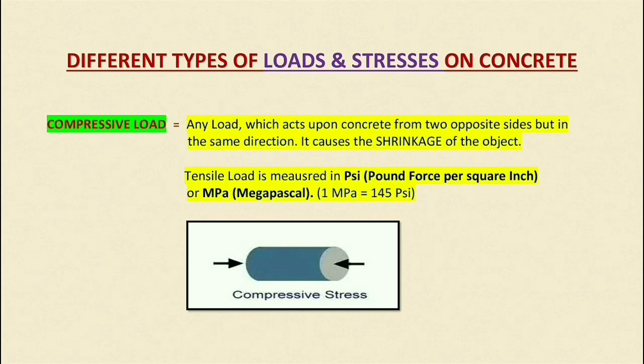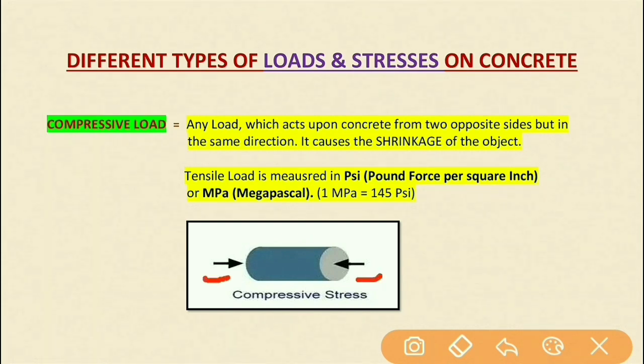What is compressive load? Any load which acts upon concrete from two opposite sides. As you can see in the picture, this is a cylindrical object and two forces are applied on both sides, in opposite directions but along the same line. So two forces act upon an object from two opposite sides.